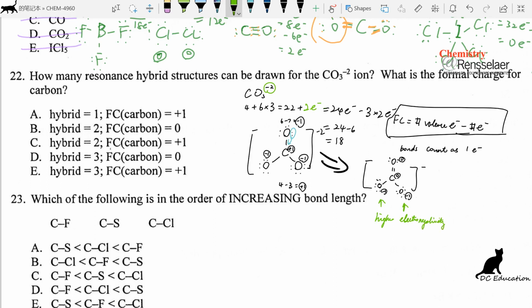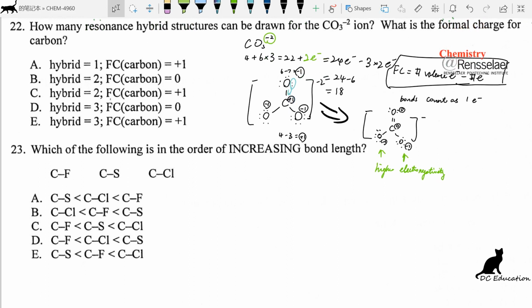Please do pay attention that positive formal charge always appears on atoms with a higher electropositivity, and negative formal charge always appears on atoms with a higher electronegativity. So this particular form does make sense.